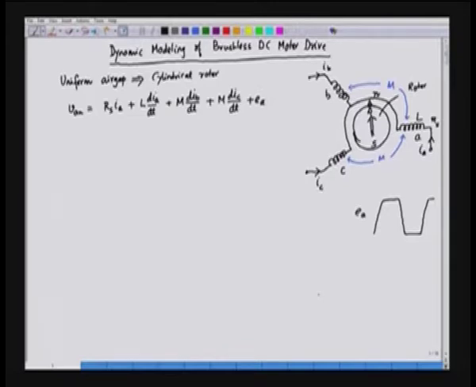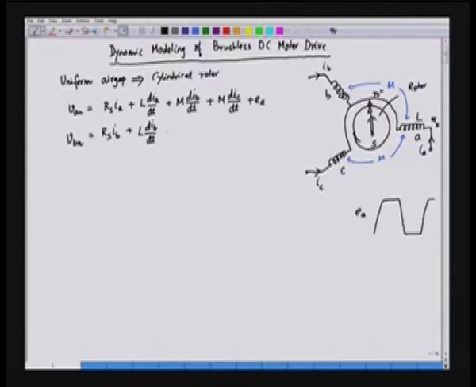Similarly, we can write down the equations for phase B and phase C. For phase B, we will have VBN, the voltage of phase B with respect to the neutral point, and the neutral here is N. That is equal to RS into IB plus L dIB by dt.